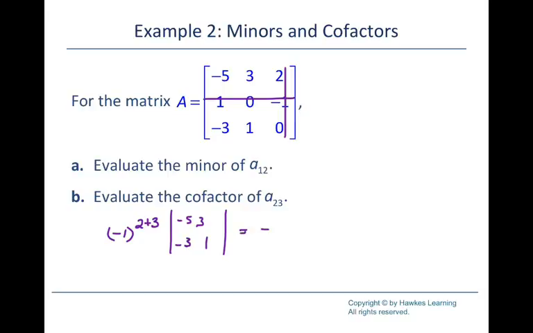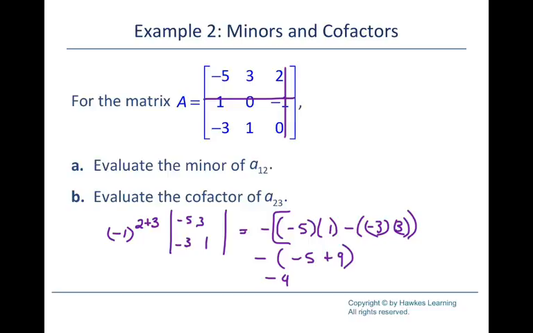Then we'll have negative 5 times 1, which is negative 5, minus negative 3 times 3. So that's negative 5 plus 9, or positive 4. I'll get that right in a minute. Never mind. It is negative 4, because this is positive 4 and the negative in front makes it negative.